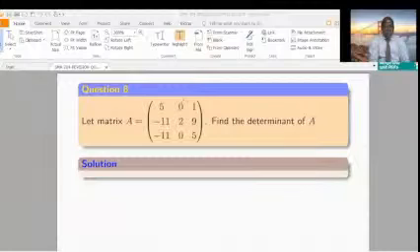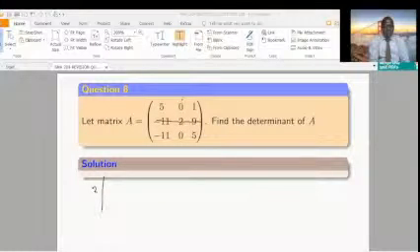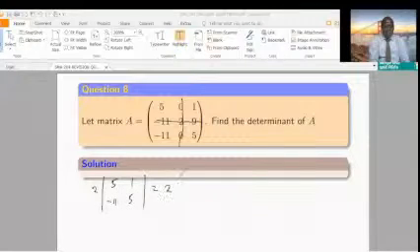So positive 2 multiplied by the determinant of the matrix that remains when you delete row 2 and column 2. So that is 5, 1, negative 11, 5. So this is 2 multiplied by 25 plus 11.